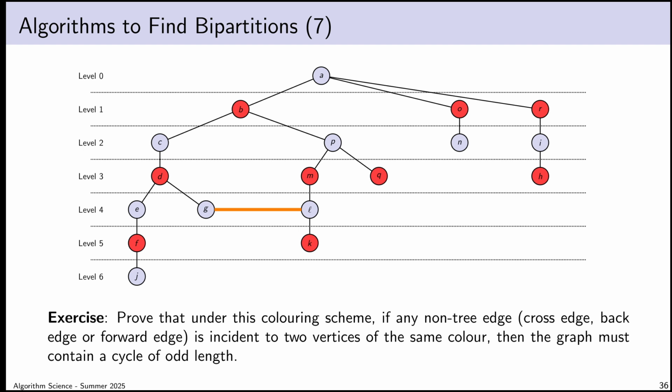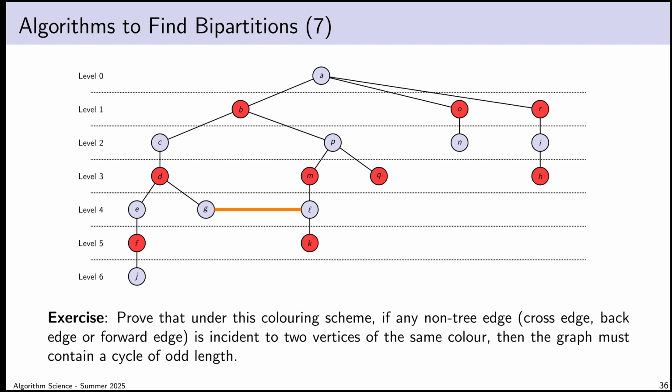And for whatever reason, after teasing this for several slides, I'm going to make you write that proof. So prove that if I color things this way, where every vertex receives the opposite color as its parent in my traversal tree, and I end up with a non-tree edge that is incident to two vertices of the same color, so here I've invented a non-tree edge.